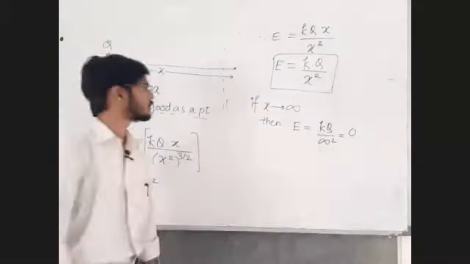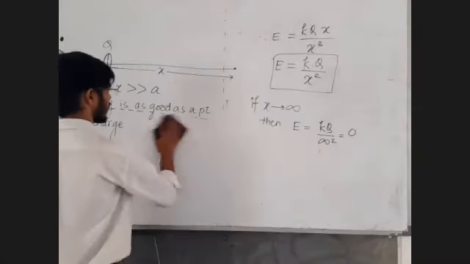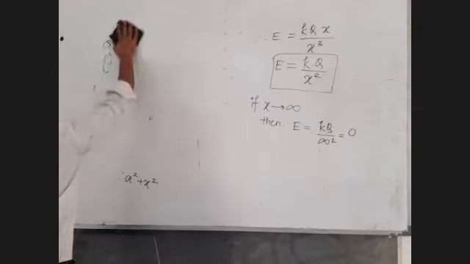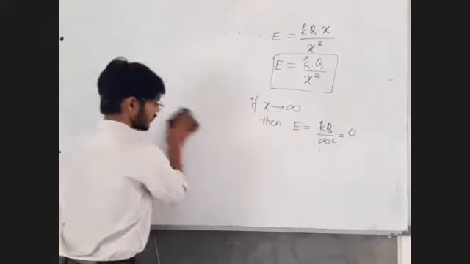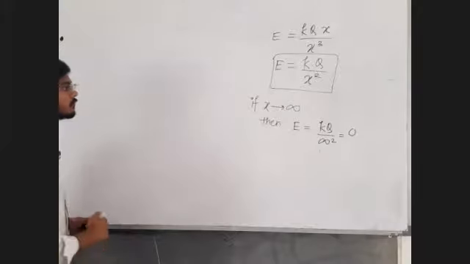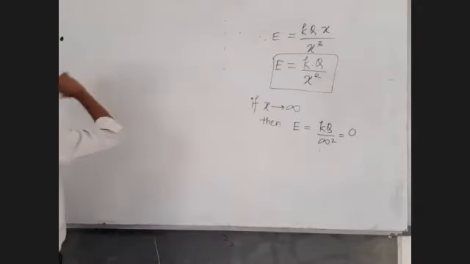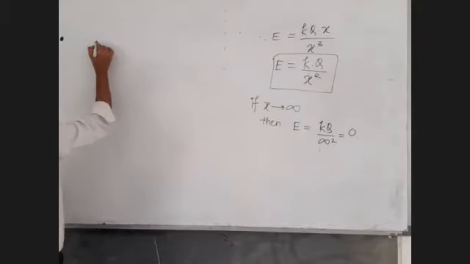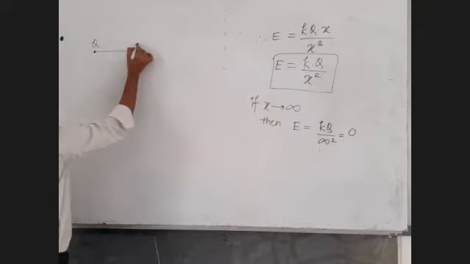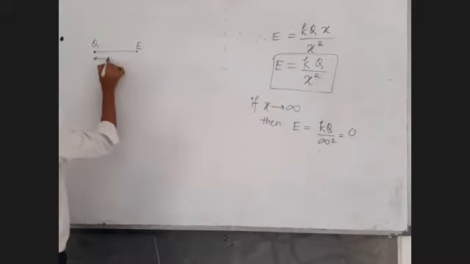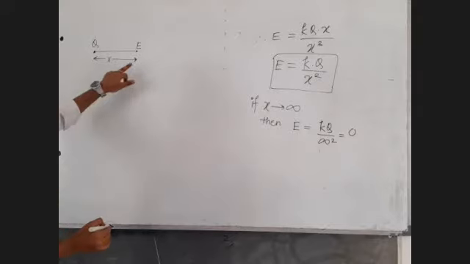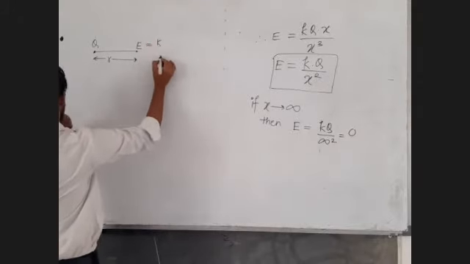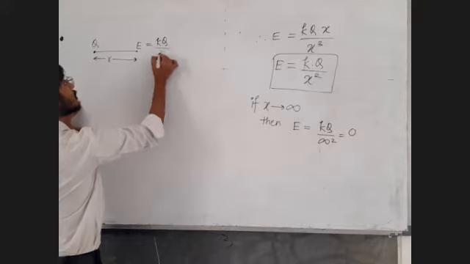So let us try to draw the graph corresponding to the equation of the electric field intensity due to the ring. Or let us write the system first. If the system is point charge q and electric field E at distance equal to r, the formula is k into q upon r square.